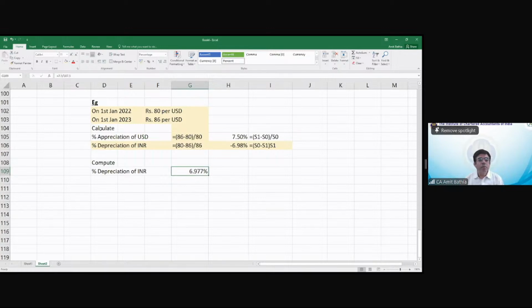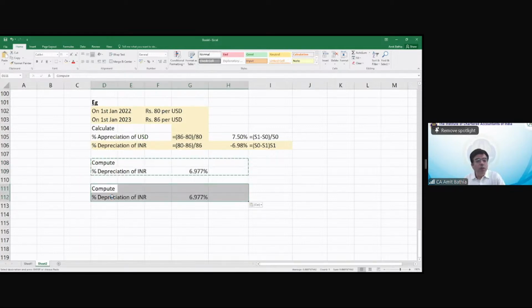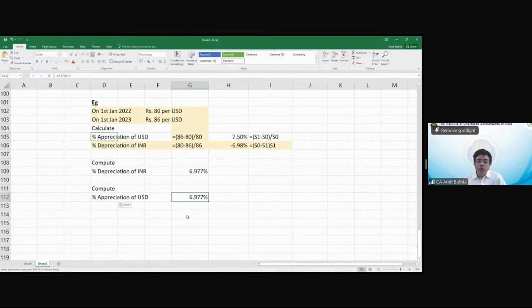Yes? Yes, sir. Okay. Now, similarly, let's say you have to compute percentage appreciation from percentage depreciation. How will you do that? You have to calculate percentage appreciation of USD from percentage depreciation. You know the numerator has to be how much? Change is 6.977. Are you with me?